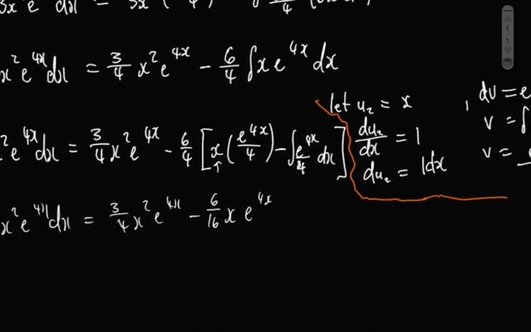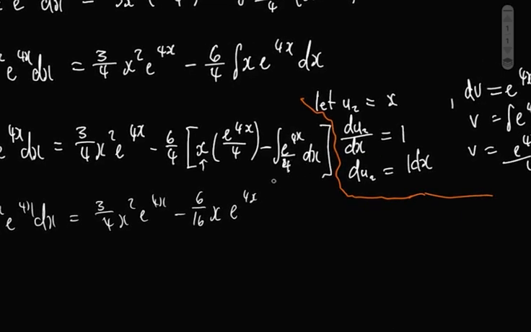Then you can have again, here you have now the integral. So you could say it's minus 6 over 4 multiplying the integral of e to the 4x divided by 4. That integral, the integral of e to the 4x, so we take out the quarter, it would be 1 over 4 outside, then we have the integral of e to the 4x dx, okay? Because we had to pull it out.